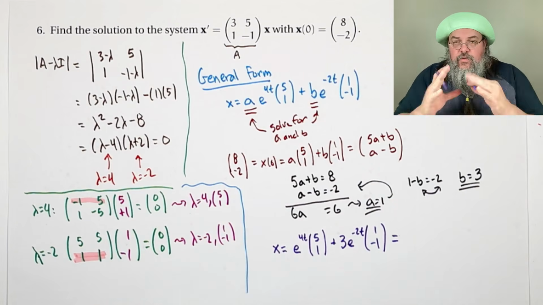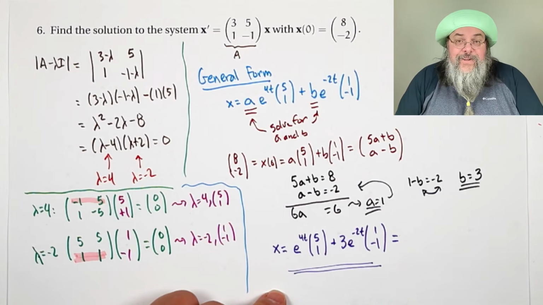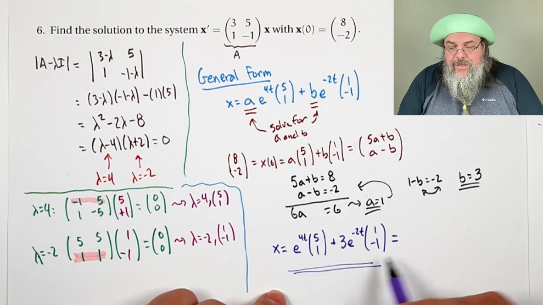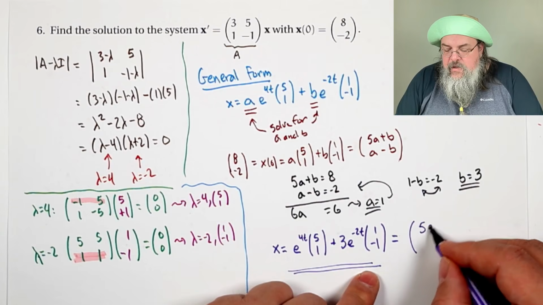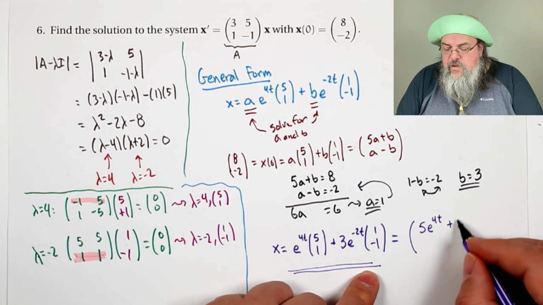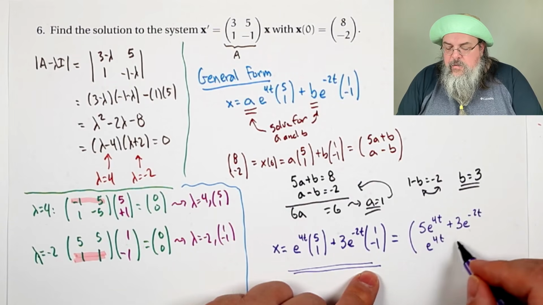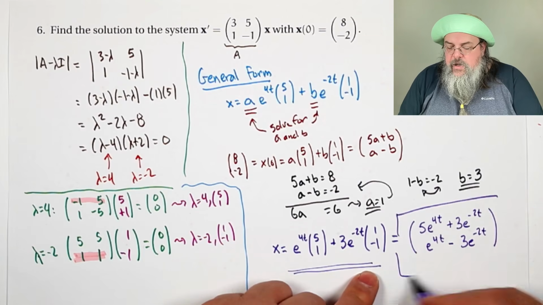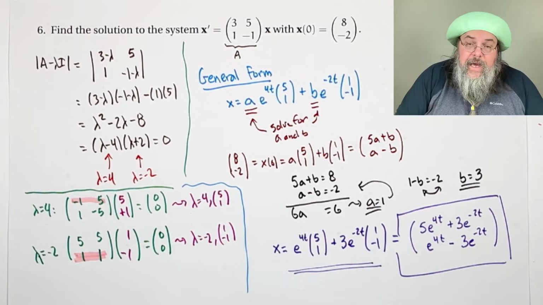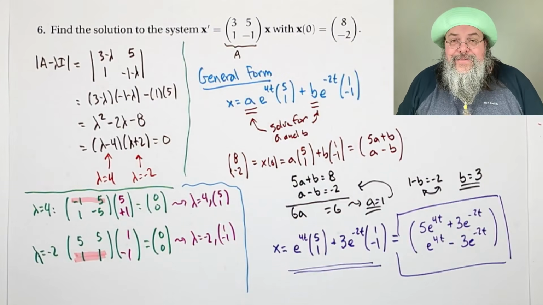And I'll go ahead and push this into a single vector. This is perfectly fine. This is the correct answer. I'm not saying you have to do this next step. This is a fine answer. But I'm going to go ahead and do one more thing and say this is (5 e to the 4t plus 3 e to the minus 2t, e to the 4t minus 3 e to the minus 2t). And there we go. That is our x that satisfies this differential system and has those initial values.